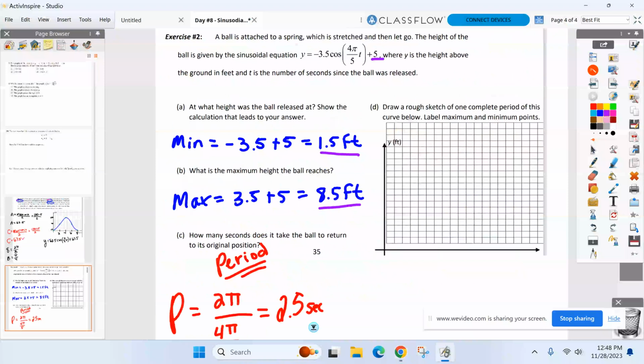Whatever you want to go by, those 3 values have to be on there: 1.5, 5, and 8.5. So I probably could get away with going by anything I wanted to, right? I can definitely go by ones. I can probably go by a half if I really wanted to spread it out. It's up to you.